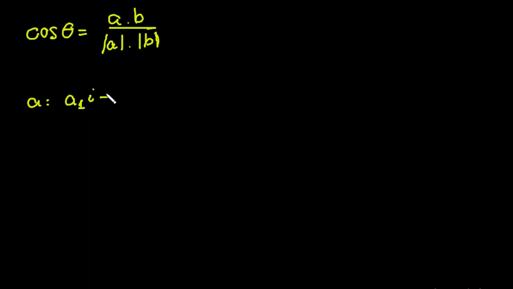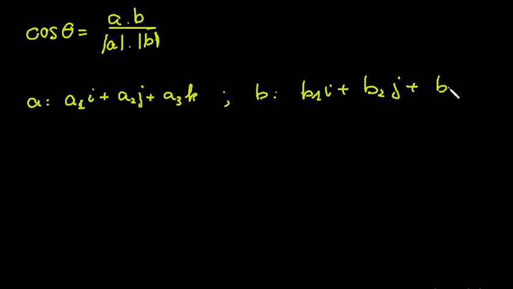We use the same formula to calculate the angle between two vectors in 3 dimensions. We use cos theta equals A multiplied by B over modulus of A multiplied by modulus of B. In 3 dimensions, vector A will be in the form A1 i plus A2 j plus A3 k, and vector B will be in the form B1 i plus B2 j plus B3 k.